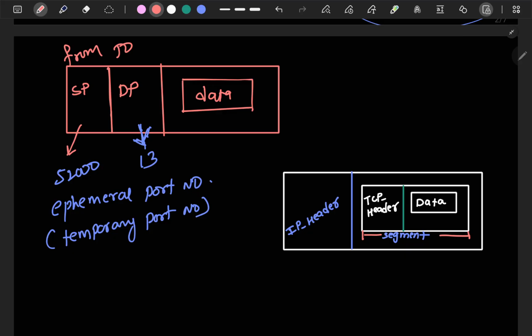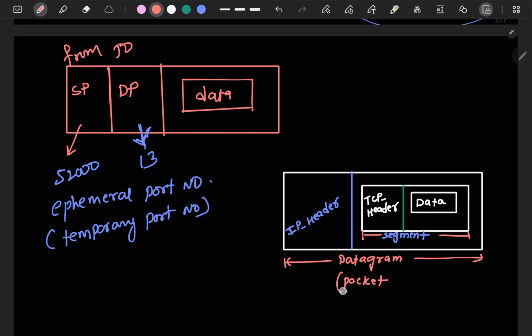Now this entire segment is inside one more header, that is called the IP header, and this entire thing is called a datagram, or it is also called a packet.